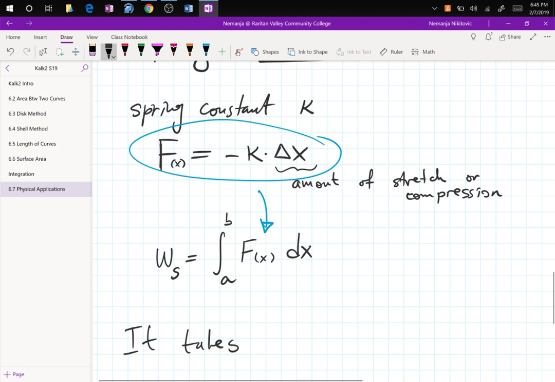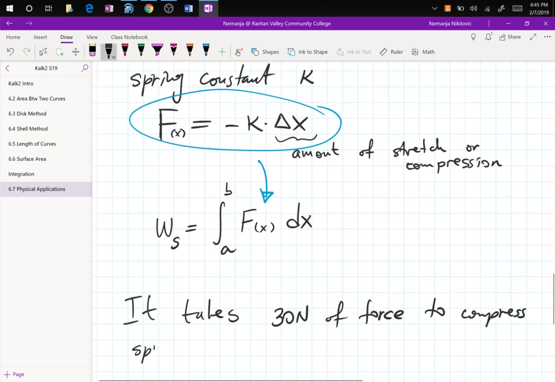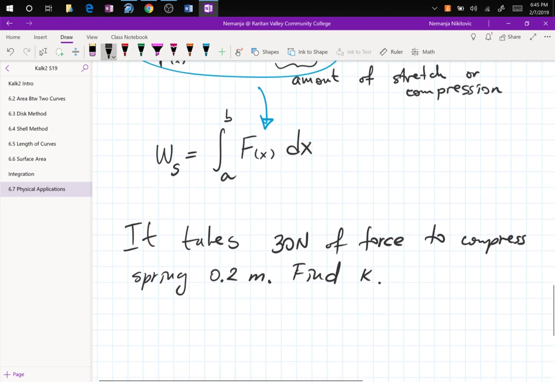It takes 30 newtons of force to compress a spring 0.2 meters. Find K, the spring constant.